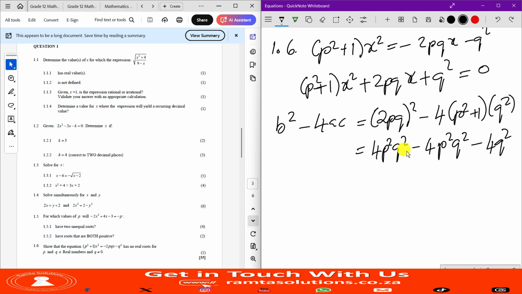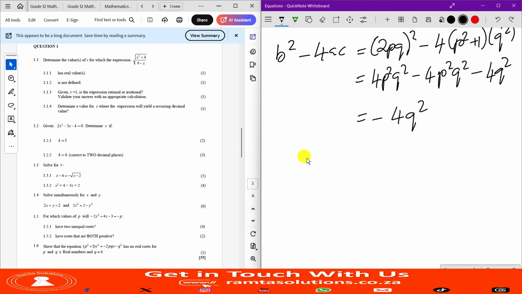As you can see, the 4p squared q squared cancel. We are left with minus 4q squared, isn't it? Cool. So now what we are seeing is this. Remember, they said show that it has no real roots for p. Indeed, there is no p here. Therefore, it has no real roots for p because p is not defined here.